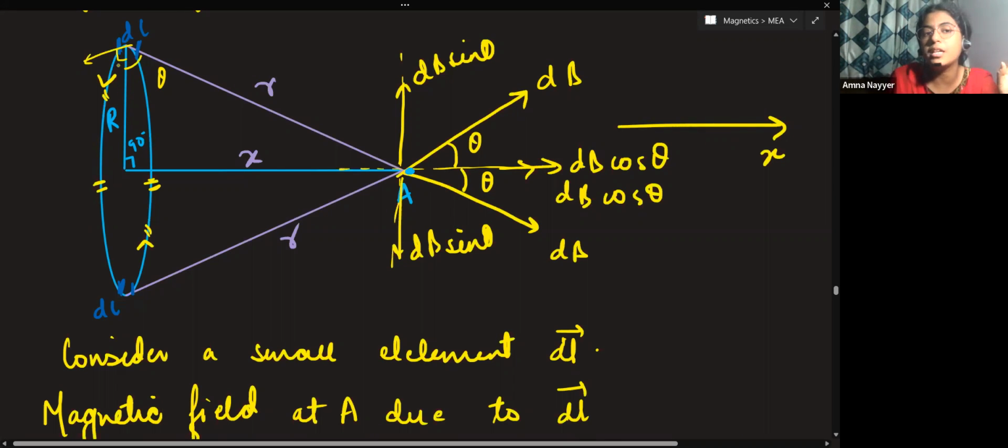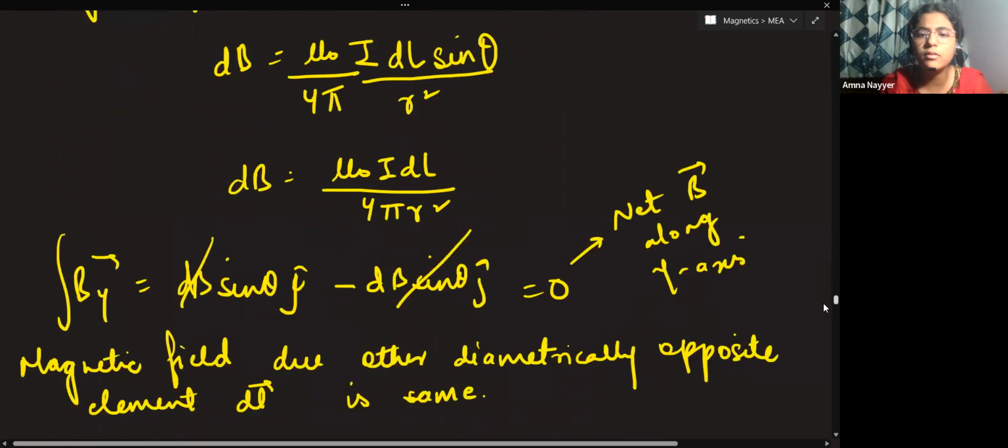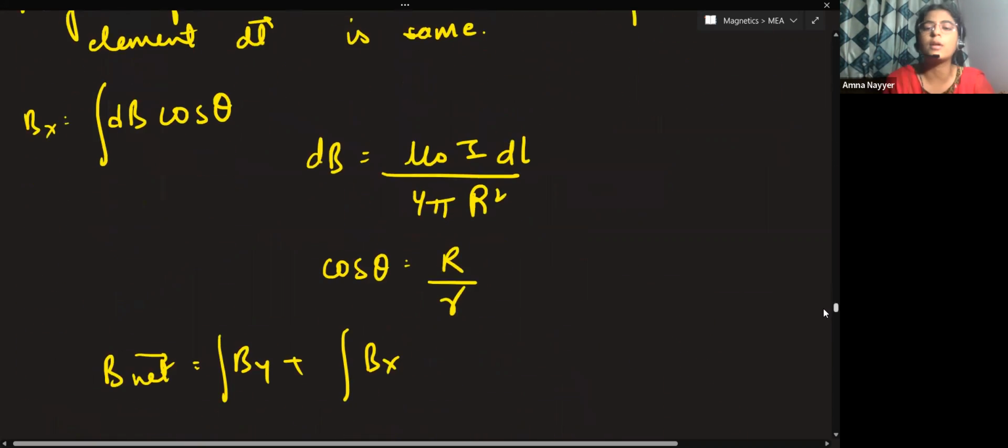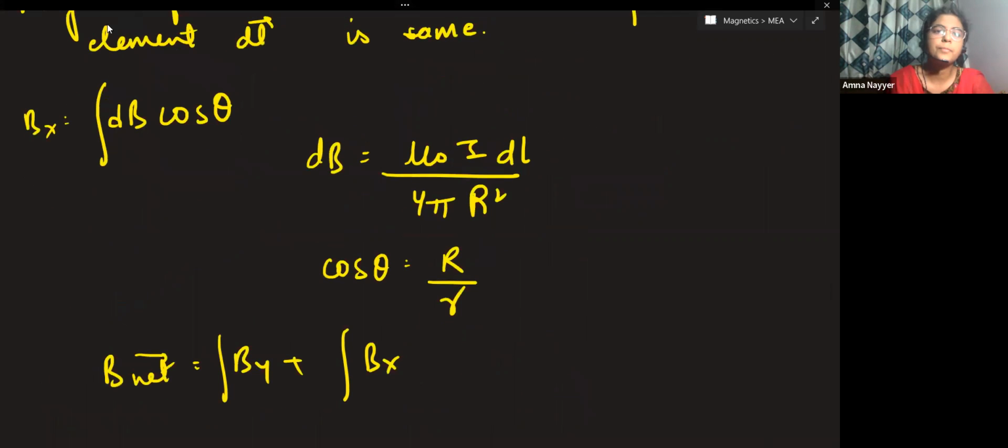We require the separation between dl and point A. So we can substitute it later in terms of capital R and x, but right now let's take it as small r only. We'll substitute at the end because small r is not given to us. So let's take it as small r only here.